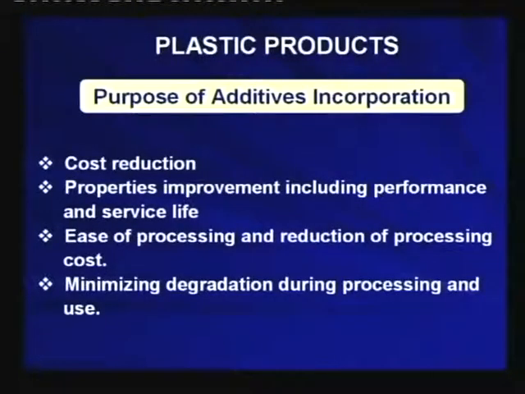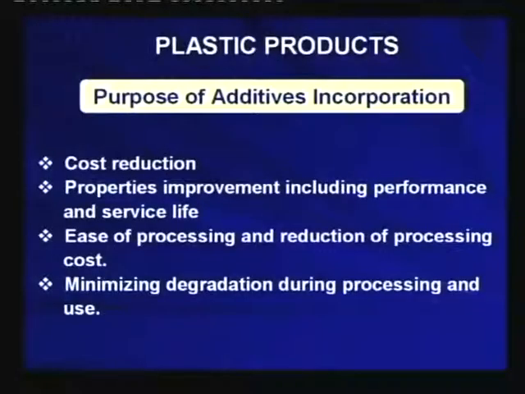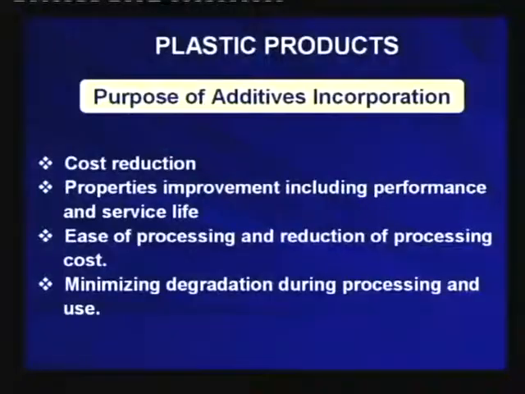So, properties improvement including performance and service life, it should be durable, it should be good looking, it should be strong enough, it should not degrade, okay, etc. Then during manufacture, the product should be processed through easy and simple steps using simple machineries, involving mild conditions, otherwise that will add to the product cost. Then minimizing degradation during processing and use.